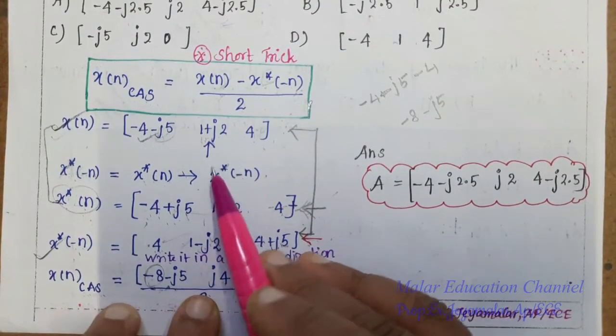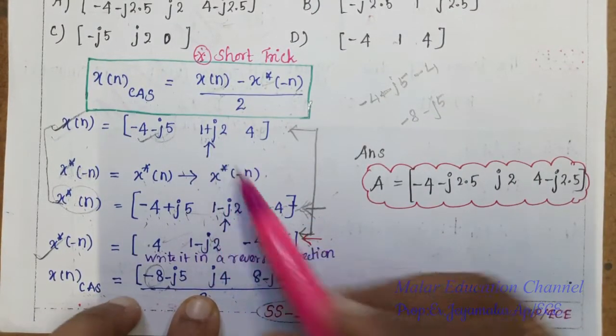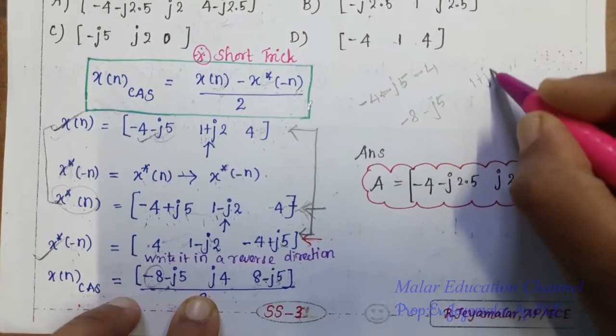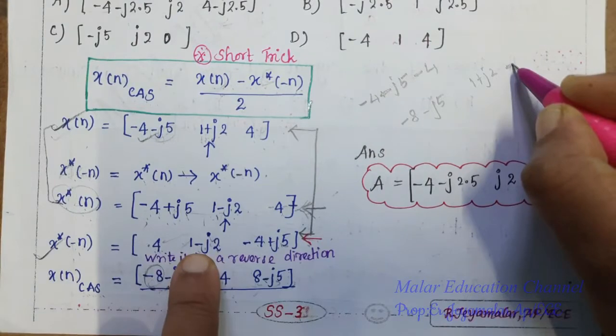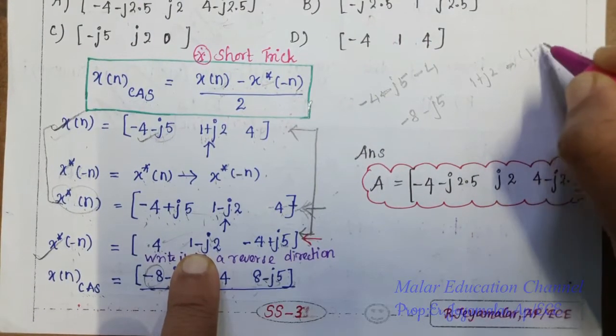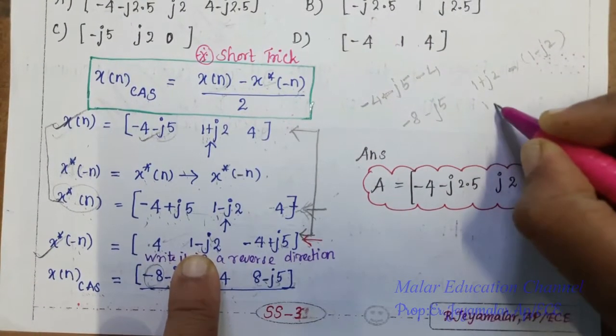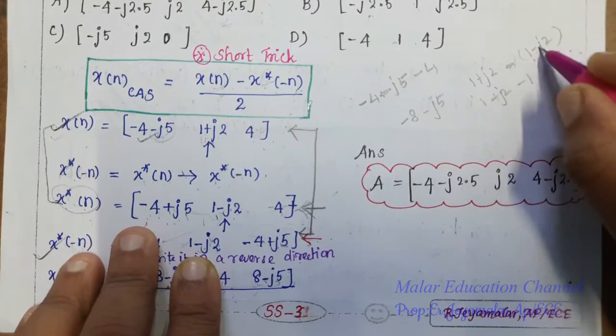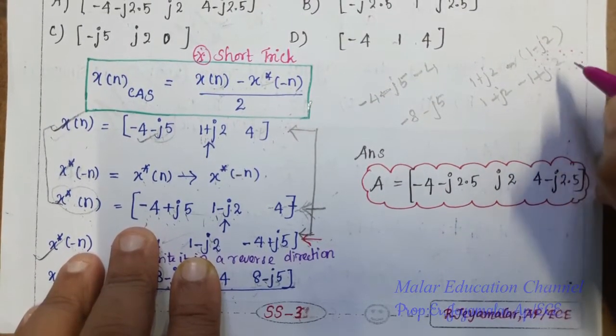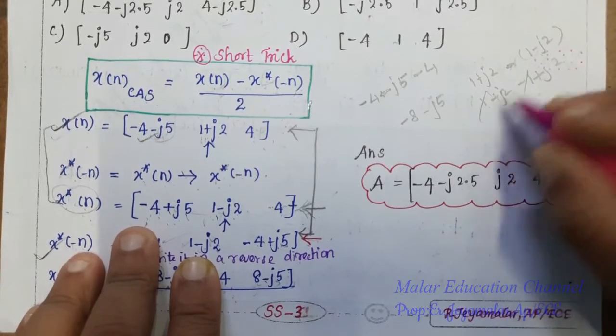Next is the second term, 1 plus j2. The formula has a minus sign, and the next term is 1 minus j2, so in brackets 1 minus j2. So 1 plus j2, then minus 1 plus, minus into minus, that's plus j2. Here 1 minus 1 cancels.